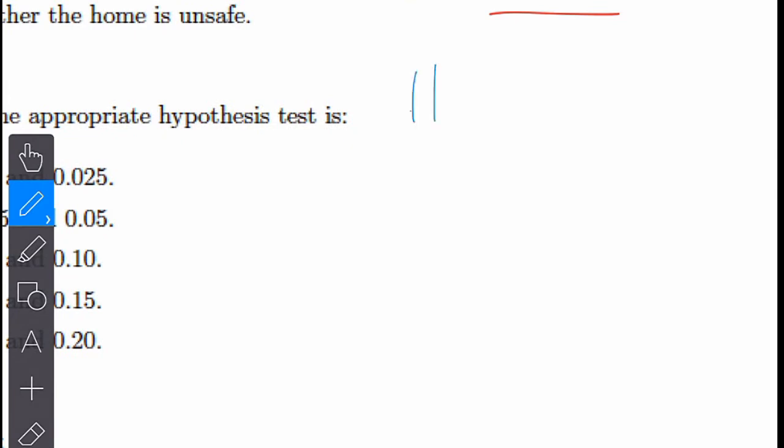So it's going to be H0 versus HA, and it's a test for means, and this always has to be an equal sign.